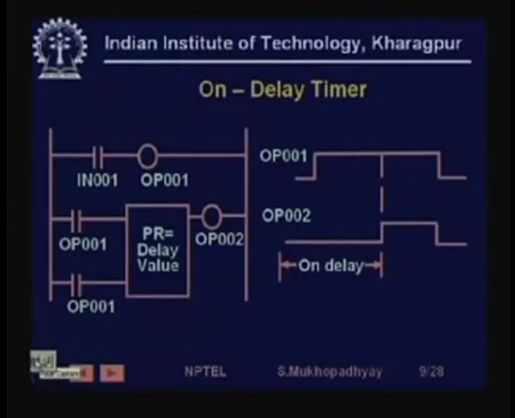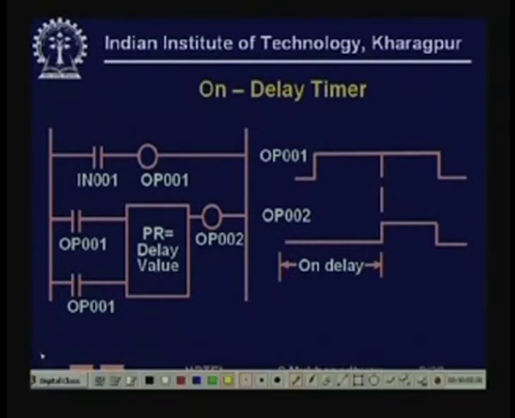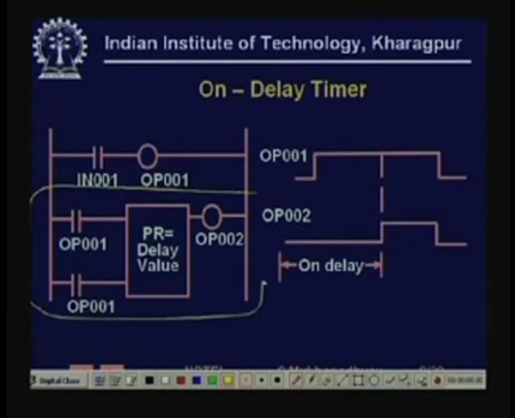Now we will see that we can easily realize this on delay timer using our old timer. Here is an RLL logic circuit, a number of rungs, which takes the basic timer unit that we have seen, and couples it with another rung to make an on delay timer. How?